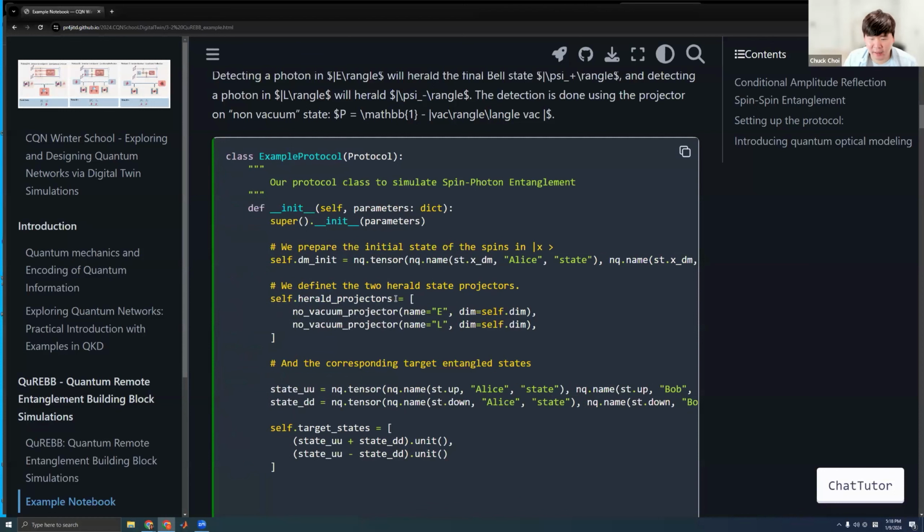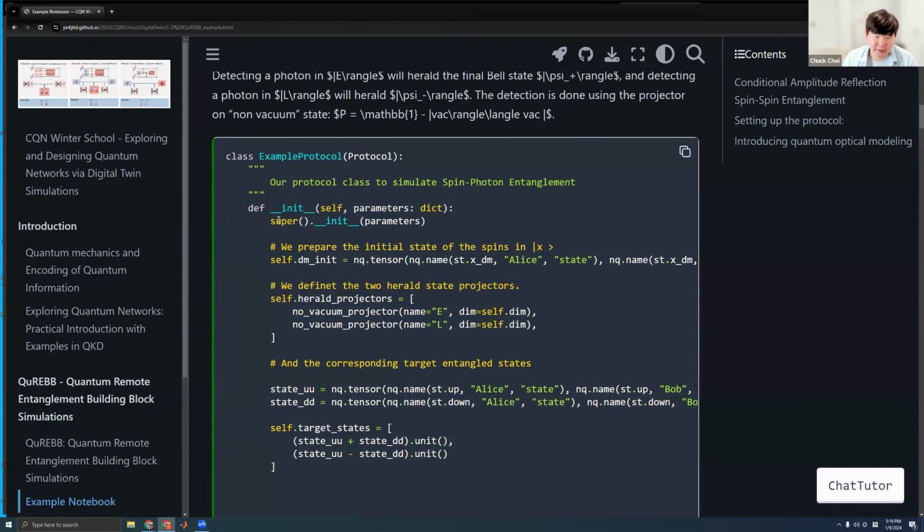We made projectors for no vacuum projector, meaning that we detect the photon, and if it's one photon or two photons, then it's all detected. We define it for the two, for early and late. Then we have a state up, up for Alice and Bob, and state down, down for Bob, and these are the target states that we need to configure.